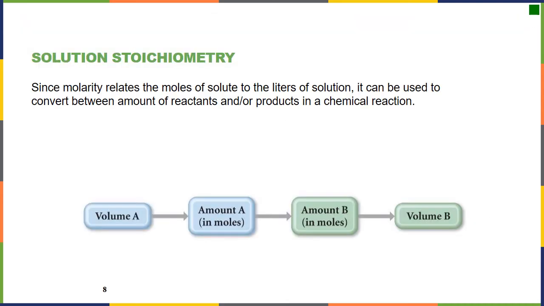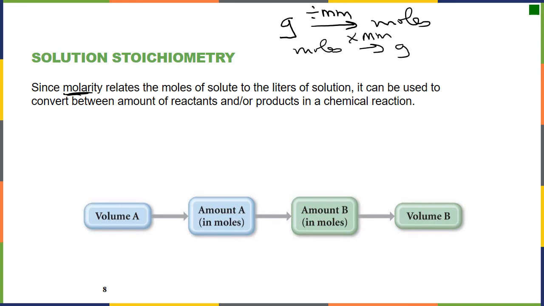Now, we can do the same thing using molarity rather than molar mass. So let's think about this for a moment. If we need to go from grams into moles, we divide by molar mass. If we go from moles into grams, we multiply by molar mass.